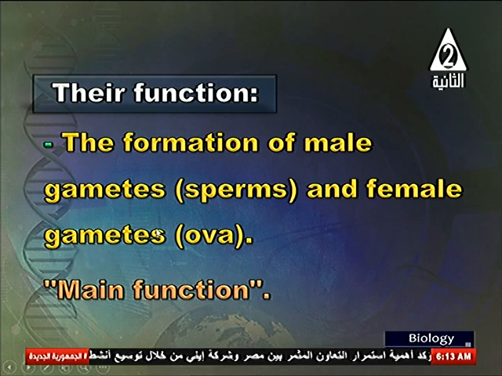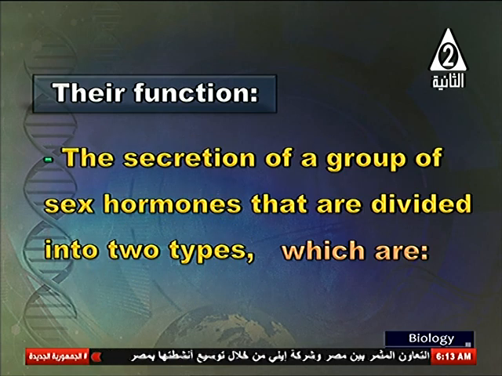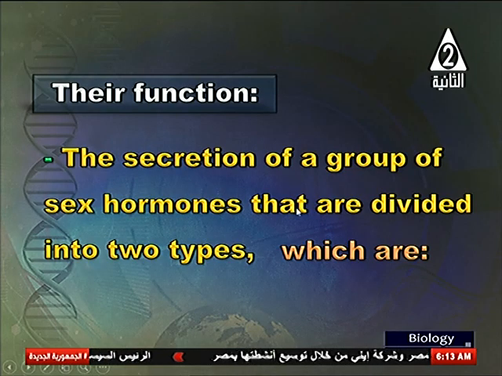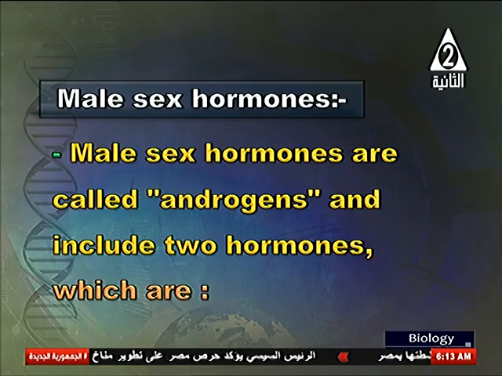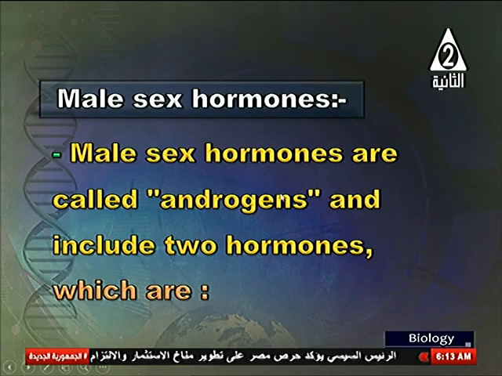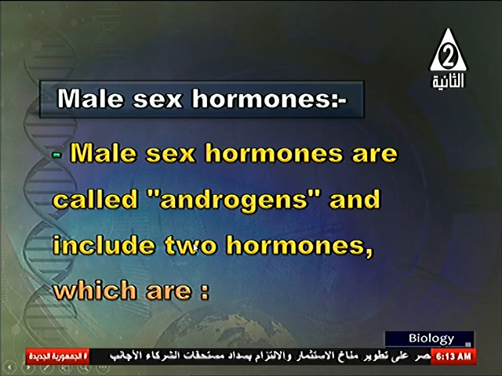What we said, it is the main function, formation of gametes, male or female. But they have also another function, such as secretion of a group of sex hormones divided into two types.